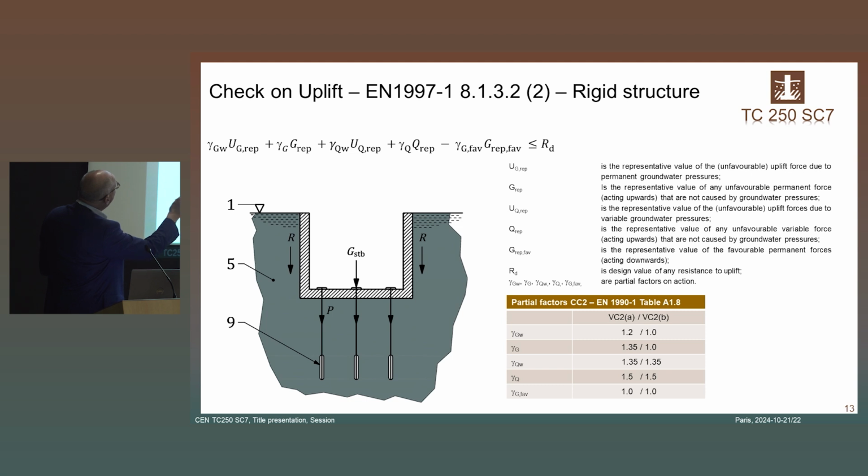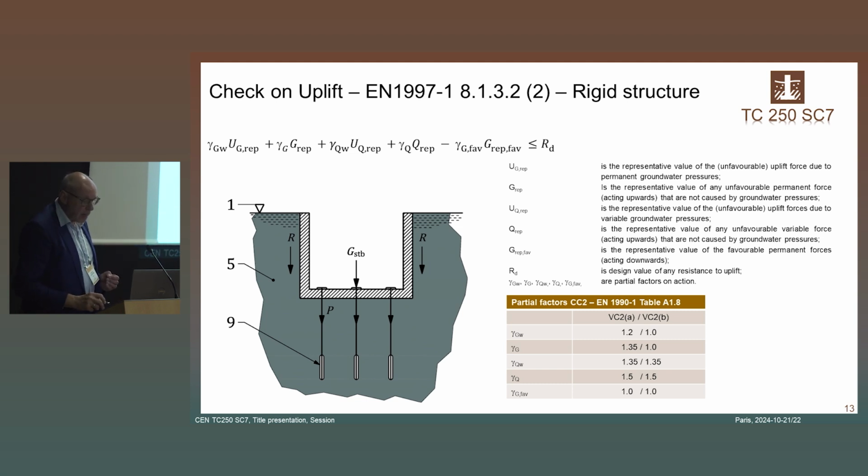So these are all uplift forces, and there is a vertical force due to the weight of this caisson acting downward with a partial factor gamma G favorable, and that should be less than the resistance of those anchors; the resistance should be greater than the sum of all these components.